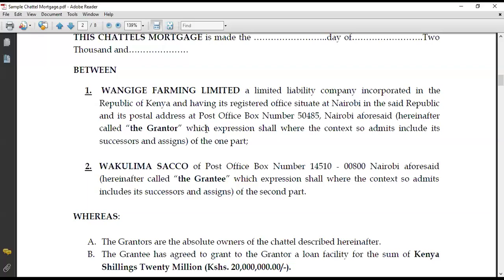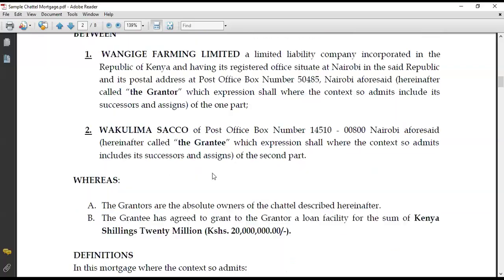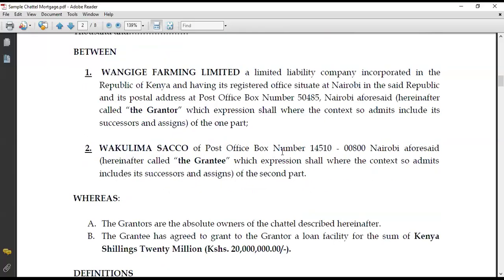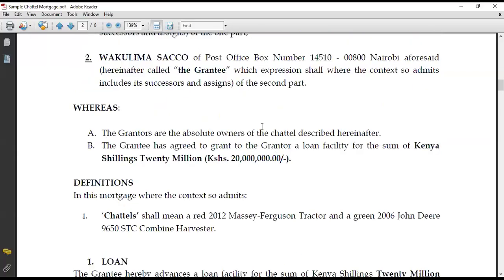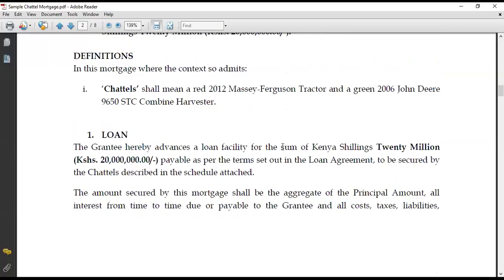That is the most important thing in movable properties. So the bank, you call it KCB, is a bank in Kenya called the grantee. That introduction is enough. Now go to the loan.